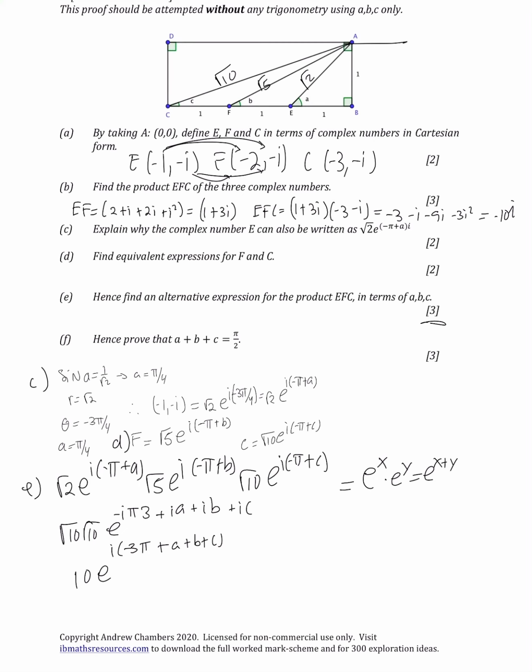Now, how do we prove this? How do we prove that A plus B plus C equals π/2? Well, maybe just by setting them equal to each other, right?